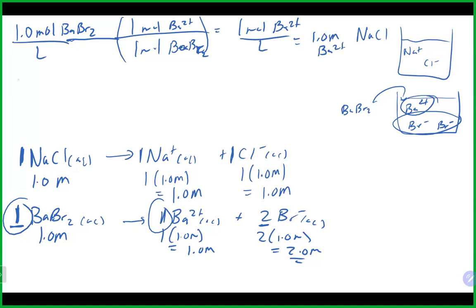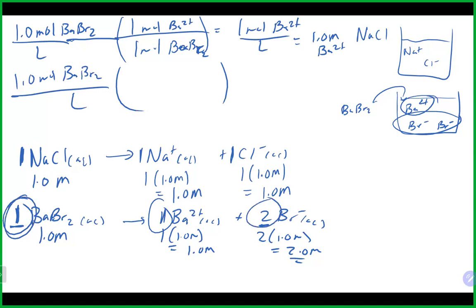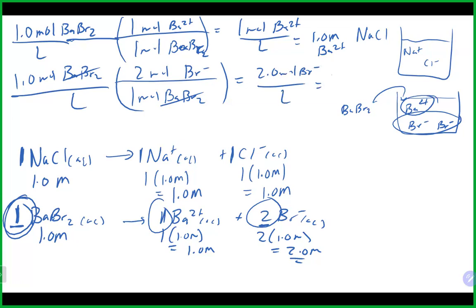When we do the same thing, starting with our whole thing here of barium bromide, it is a mole to mole relationship like stoichiometry, a 1 to 2 relationship here. So for every 1 mole of barium bromide, we get 2 moles of Br minus. Moles of barium bromide cancel, which gives us 2 moles of Br minus per liter, our 2 molar Br minus.